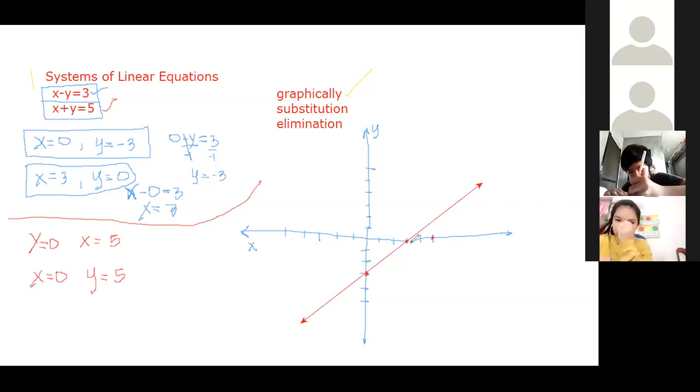This point. That's the first intercept. Now, the y-intercept, y is 5, x is 0. So x is 0, then y is 5. 1, 2, 3, 4, and 5. So here. That's it. That's our second point. And then you will connect.